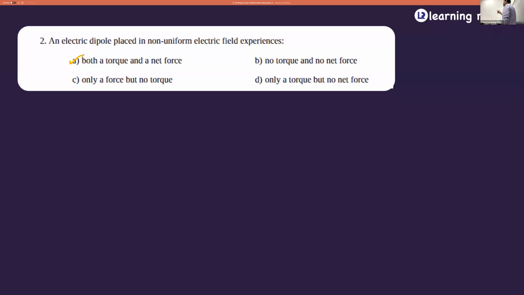The dipole moment can either be in the direction of the electric field or in the direction opposite to it. So this occurs when you have a uniform electric field and you place a dipole in either orientation. In both scenarios, there is no torque and no net force.